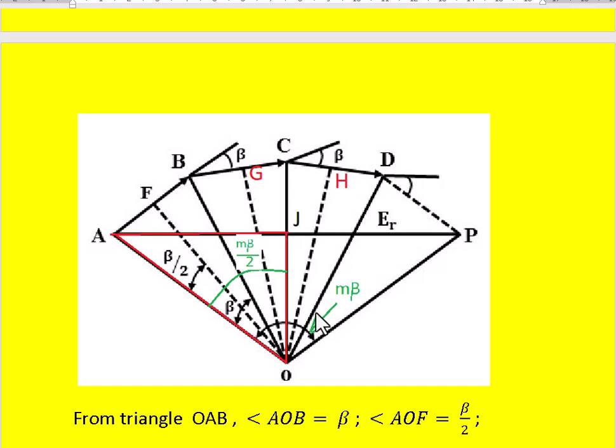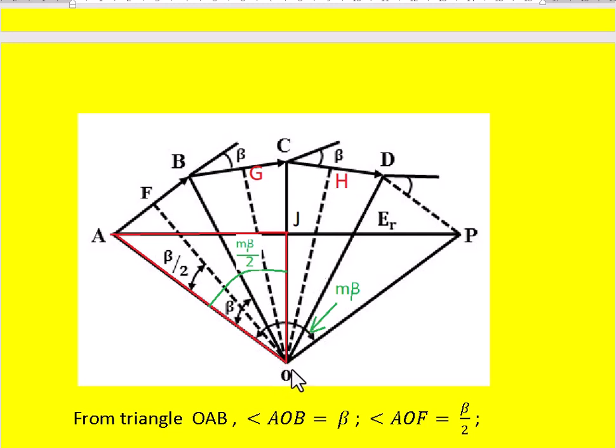Now to calculate the vector sum of voltages induced in the m coils, first one coil will be taken here. This is the AB coil voltage. The induced voltage across this is small e, and for this vector draw the perpendicular bisector and extend it backward. Similarly, for each coil voltage draw the perpendicular bisector and extend the line backwards.